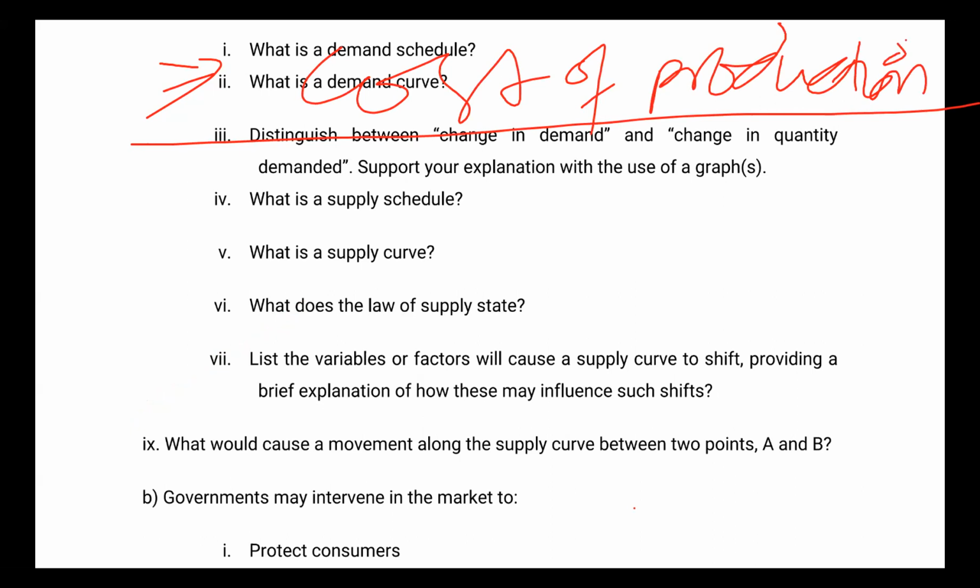How does it cause a shift? Cost of production increases. When it increases, how does the supply curve shift? This is the original supply curve. Where does it shift, to the right or to the left? Demand is constant.